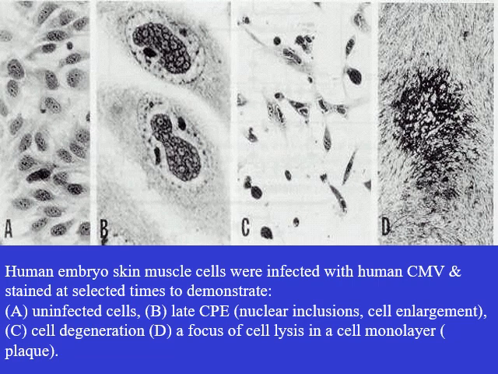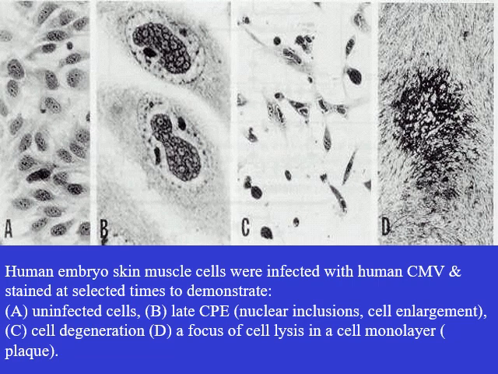If we go to low power visualization of the cells of the monolayer in this slide, it appears as a focus of cell lysis in the cell monolayer. This is called the plaque formation.